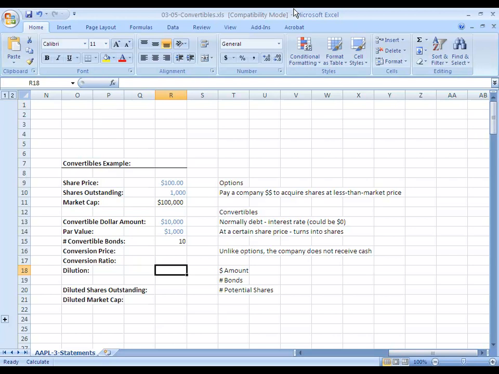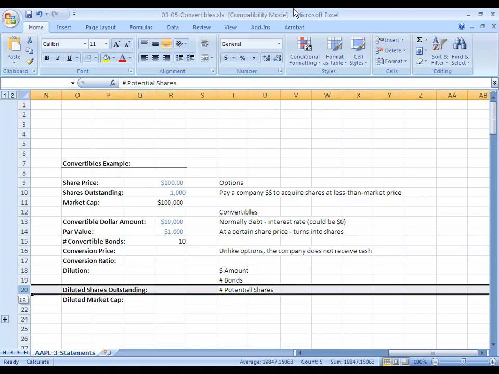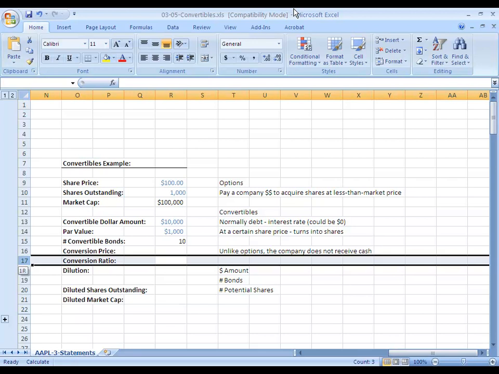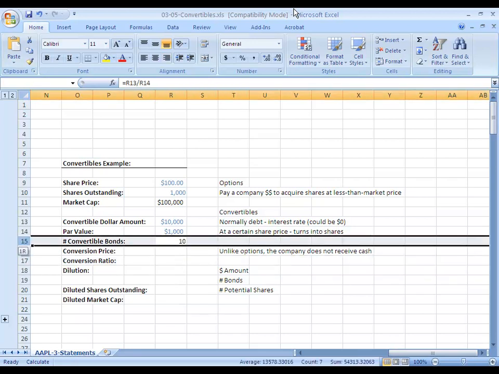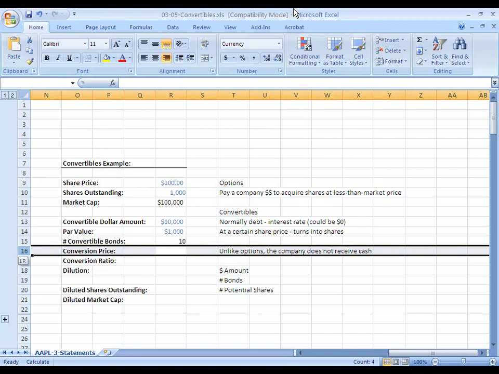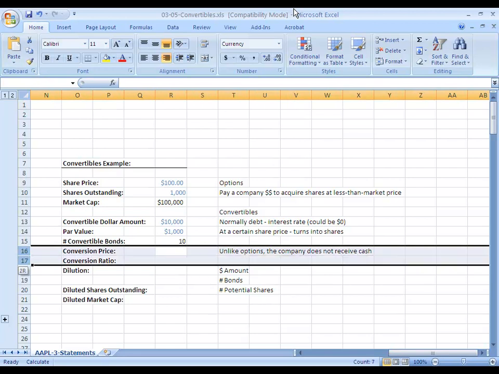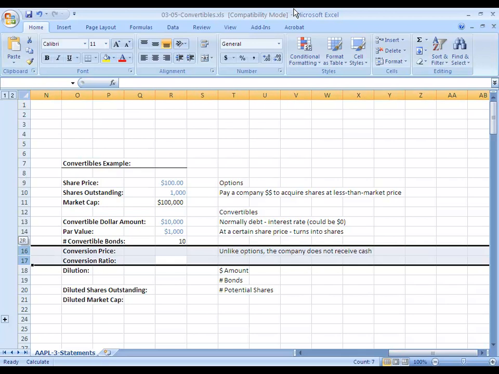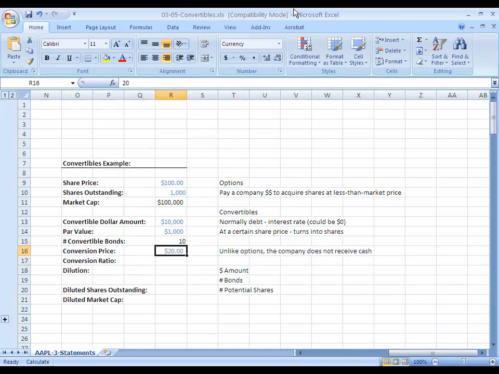Now, to get to the number of potential shares, we need one of two pieces of information. We either need the conversion price of the convertibles or we need the conversion ratio. In other words, with these bonds, one bond corresponds to how many shares. And you can probably tell already, but we can take either the conversion price and use that to get to the conversion ratio, or we can take the conversion ratio and use that to get to the conversion price. In this example, I'm going to start with the conversion price and say $20 here.